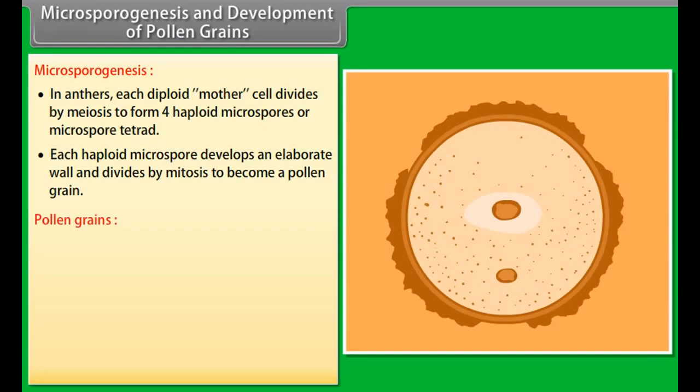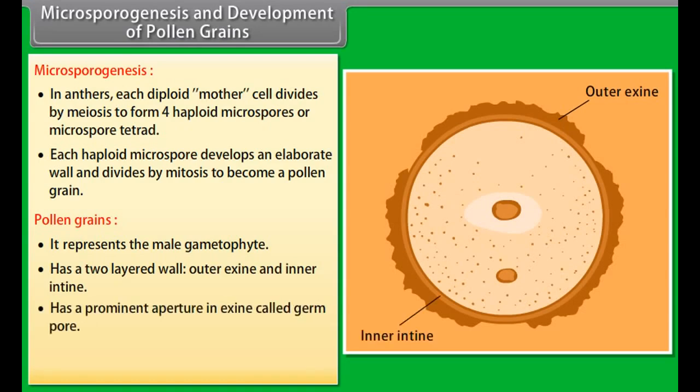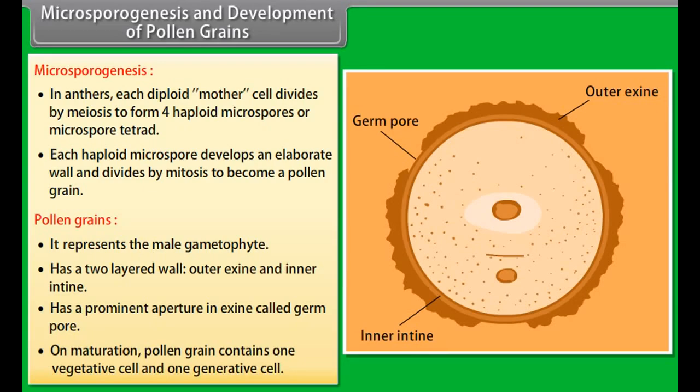Pollen grains represent the male gametophyte. Has a two-layered wall, outer exine and inner intine. Has a prominent aperture in exine called germ pore. On maturation, pollen grain contains one vegetative cell and one generative cell.